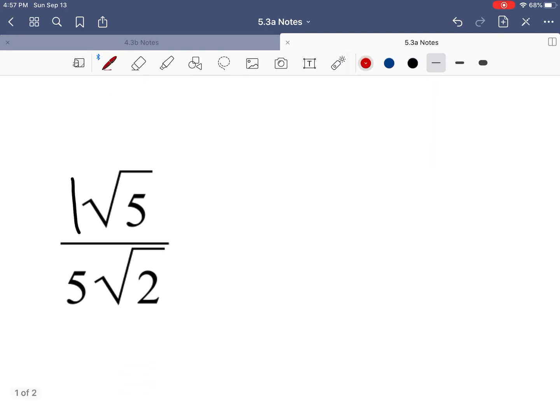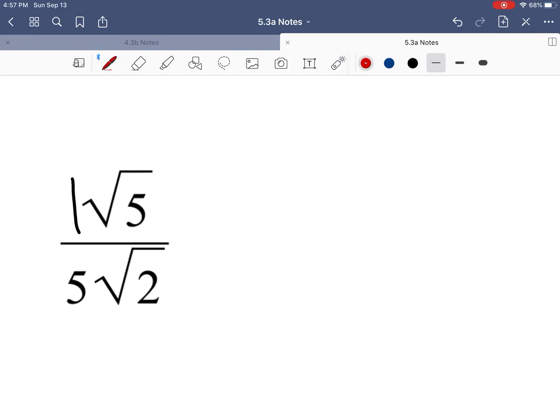However, if we look at the next example, we can't divide root of 5 by root of 2 because it doesn't reduce. It doesn't leave us with no radical in the denominator. The rule of thumb is you cannot leave radicals in the denominator. To get rid of them, we want to force that radical to be a perfect square.